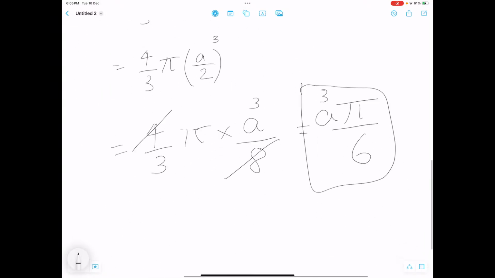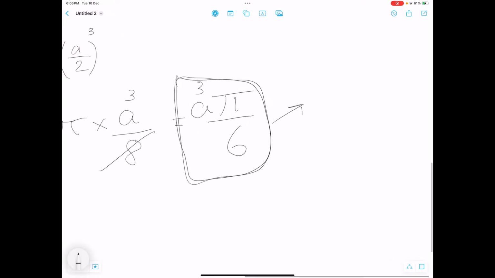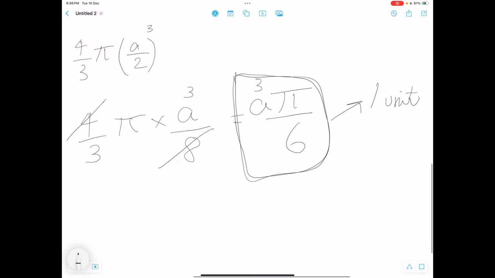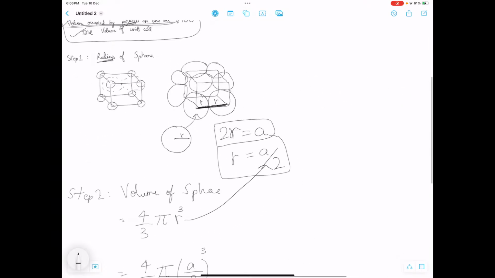This pi a cube by 6 is the volume of one particle. Now in SCC, as we saw, there are 8 atoms at the corners, and as we saw last time, they are shared with the neighboring atoms.